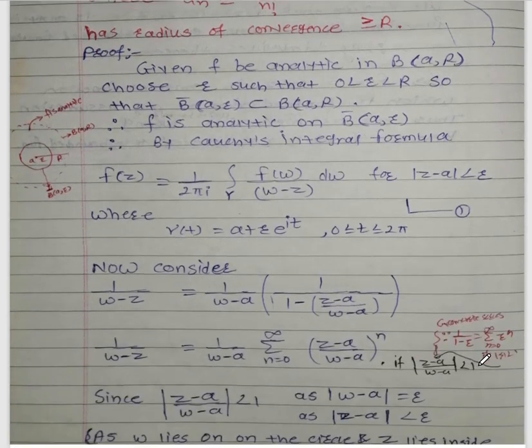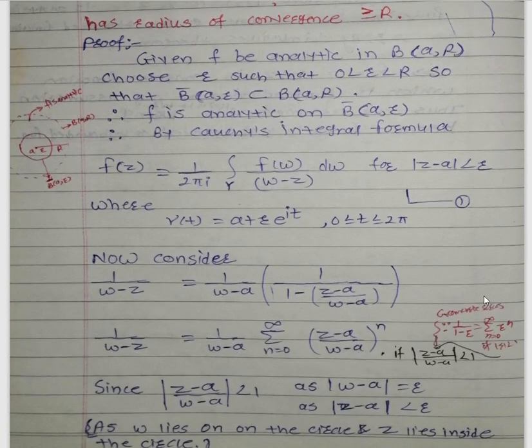To prove this theorem, let us consider the term 1 upon w minus z. This can be written as 1 upon w minus a, multiplied by 1 upon 1 minus (z minus a) upon (w minus a). If you simplify and multiply these brackets, you will get 1 upon w minus z.